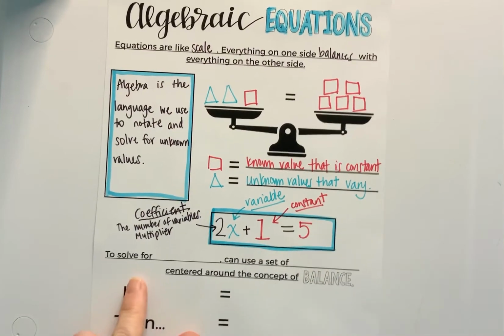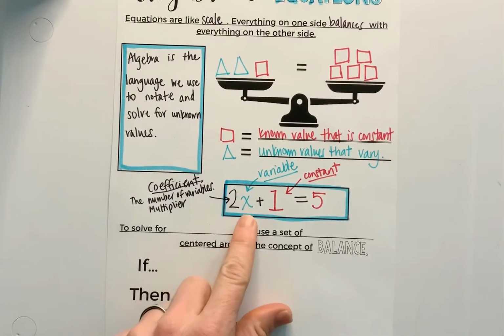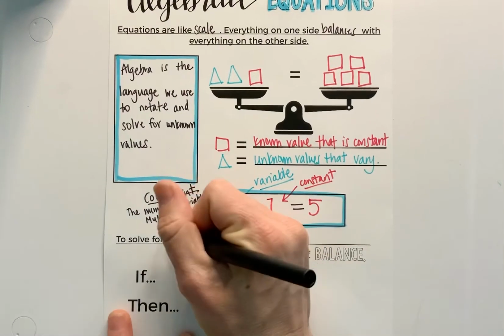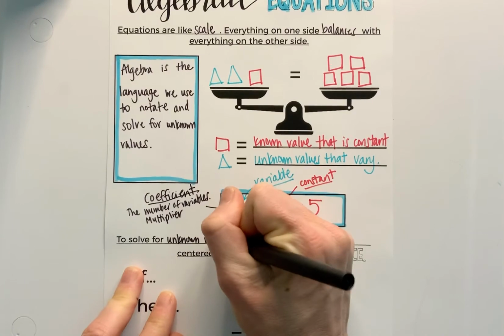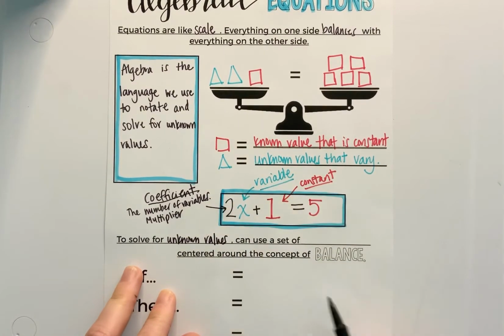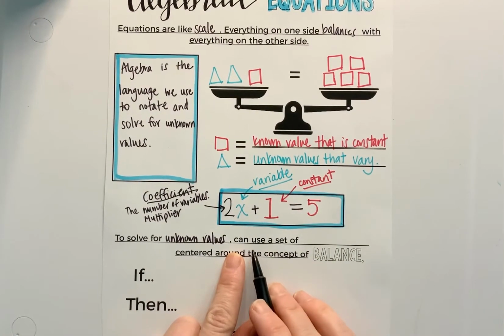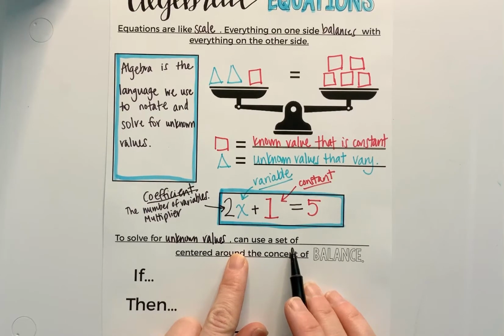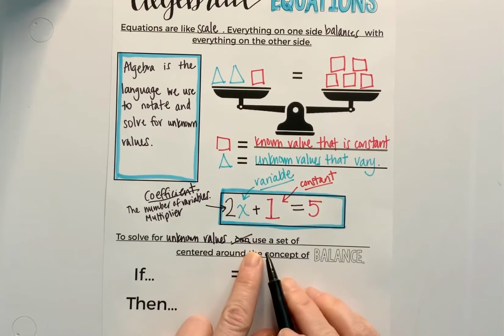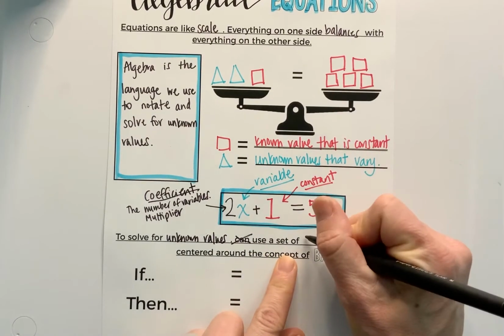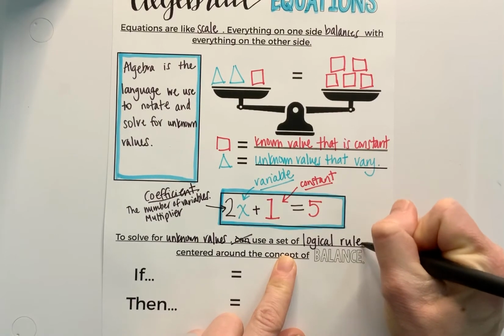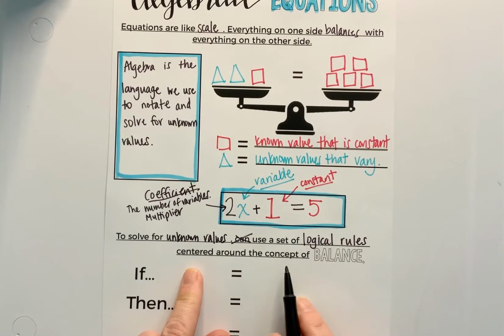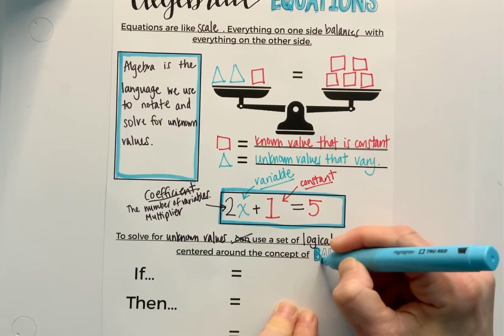Now, we can solve for these unknown values, or this x, or this variable. To solve for unknown values, we use a set of logical rules centered around the concept of balance.